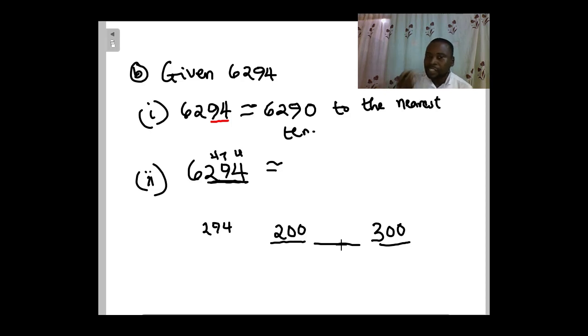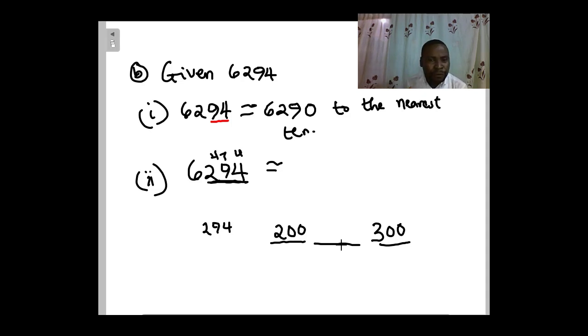Now you need to check how many steps, if you are counting. If you were to count from 294 to 300, how many steps, how many numbers will you count? How many steps will you take before you reach 300? And if you were to count from 294 backwards to 200, I promise you, you're going to count over 90 steps before you can reach 200.